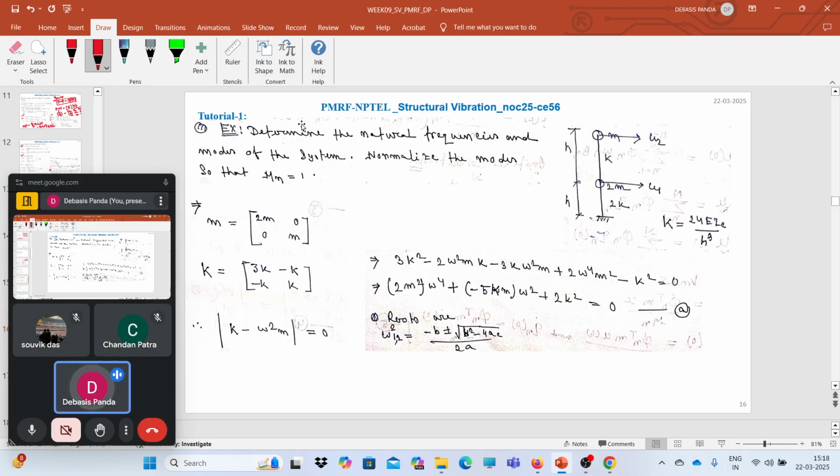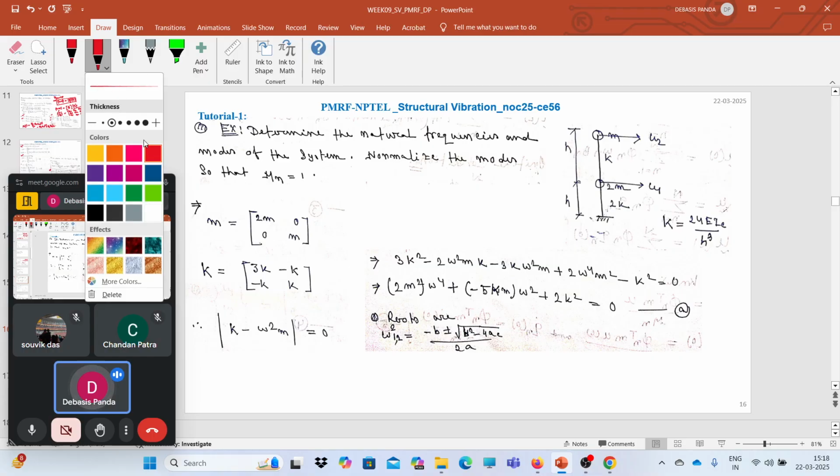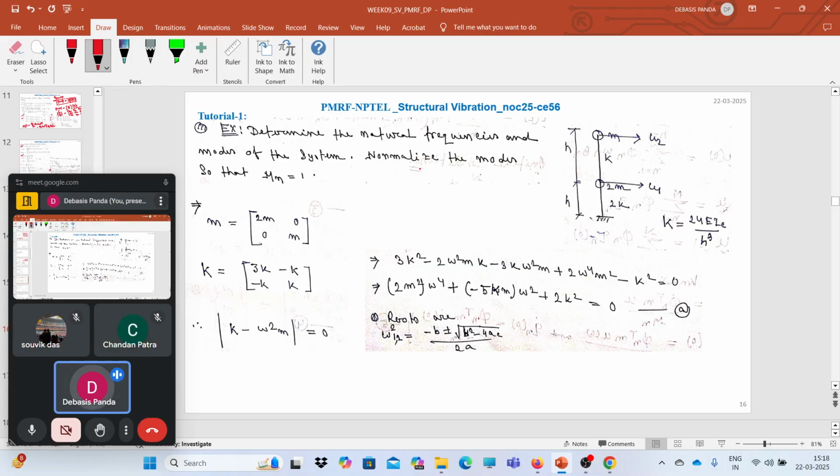Here we have a system. Determine the natural frequency and the mode shape of this system, and normalize the mode so that Mn will be 1. Mn, that means what is that Mn? It's the element of the normalized mass matrix or modal mass matrix.